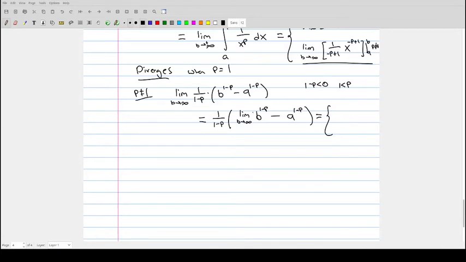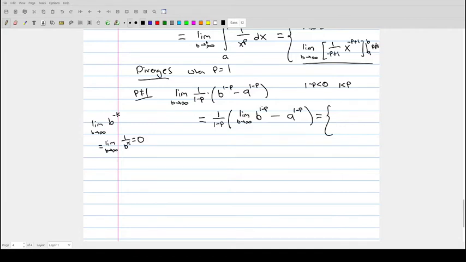Because if 1 minus p is less than 0, you're going to get that this is going to be the same thing as the limit as b goes to infinity of b to a negative power, b to the negative k, which is the limit as b goes to infinity of 1 over b to the k, which is 0.